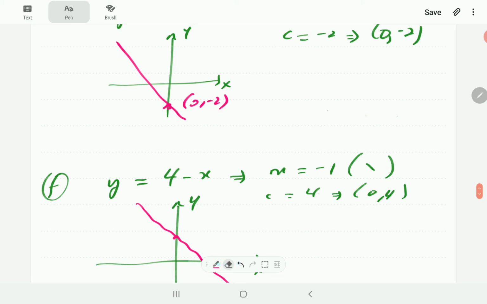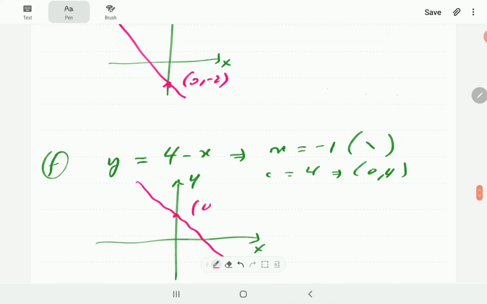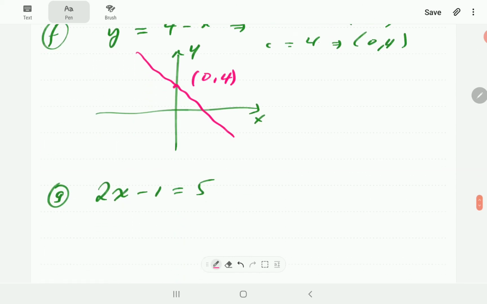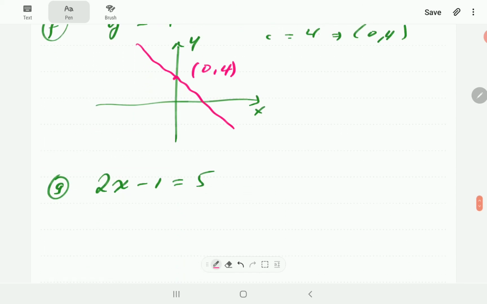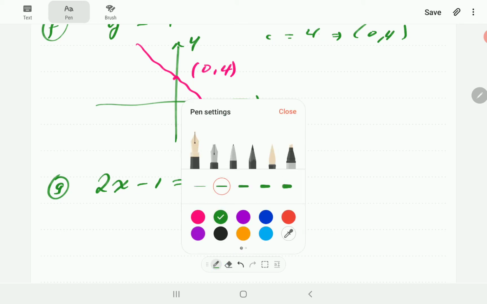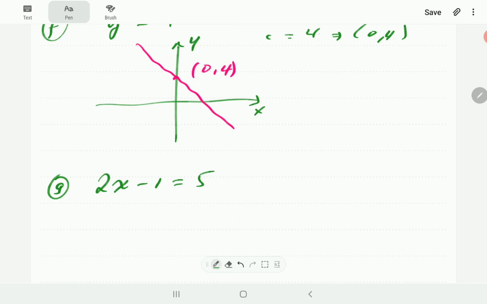The equation for F is already in standard form as well. So m is negative 1, so the line is downsloping. C is positive, so this time the line goes through 0, 4, and it goes down. This equation here does not involve a y.